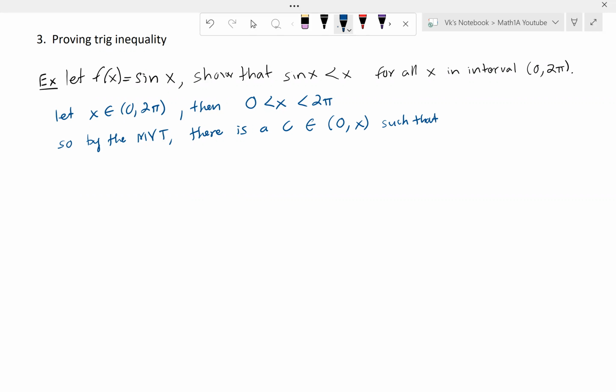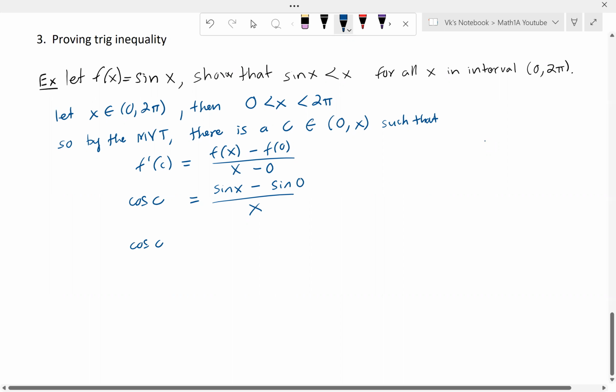such that f prime c equals f(x) minus f(0) over x minus 0. The derivative of sin is cosine, so we have cosine of c equals, f(x) is sin x, f(0) is sin 0, over x. Cosine c equals sin x over x.